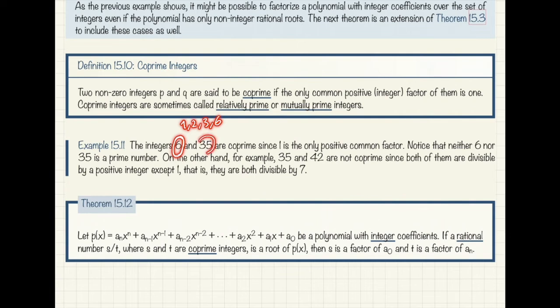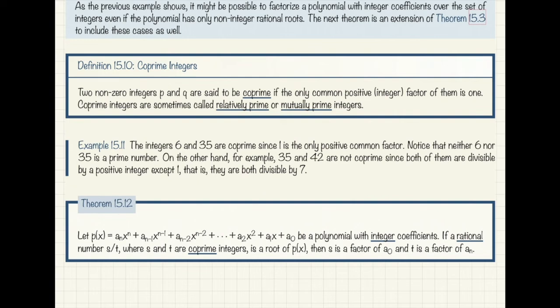And the positive factors of 35 are 1, 5, and 7. If you see this list and this list, there is only one number in common, and that is 1. So we say that 1 is the only positive common factor. So based on this definition, these numbers are coprimes. In other words, we say that they are relatively prime. It doesn't mean that they are prime.